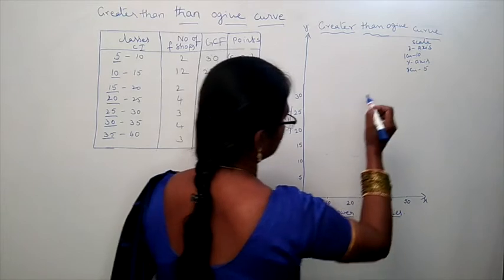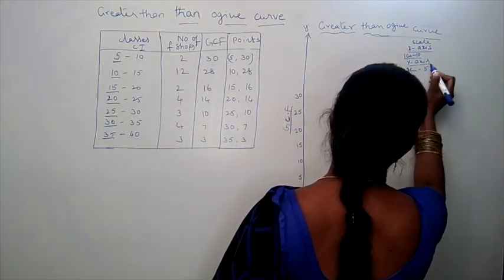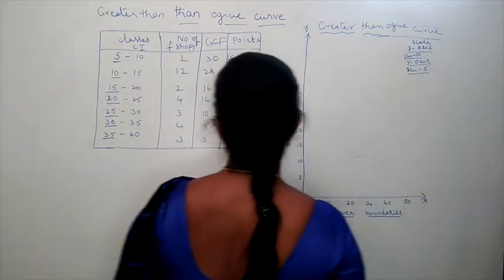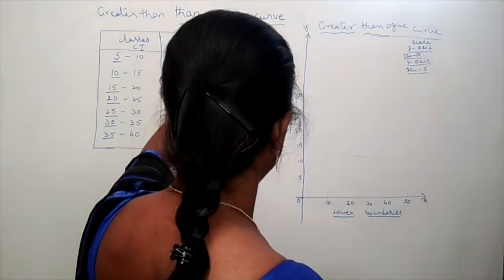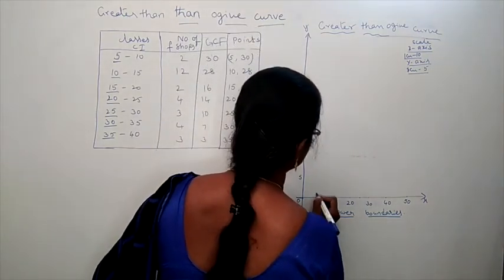As before, we take on the x-axis 1 centimeter, 10, and on the y-axis 1 centimeter, 5, as it is. Now first, what is the point? 5, 30. Then 5 is the middle of 0 and 10: 5, 30.